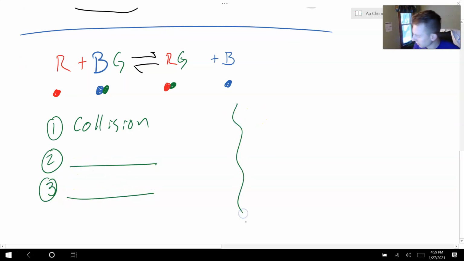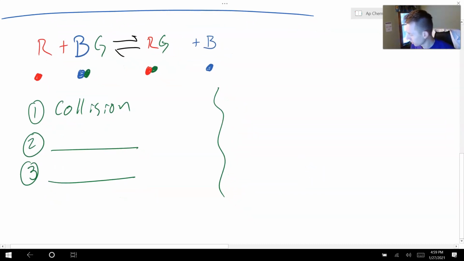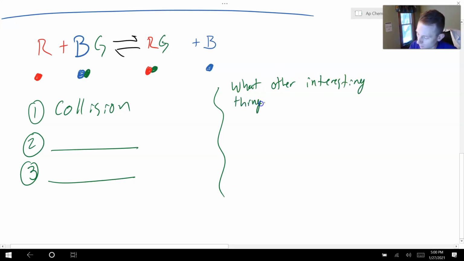And then the other thing that I want you to observe in this simulation is, what other interesting things do you notice? I'm going to come up with at least two things. Maybe you can come up with more though.